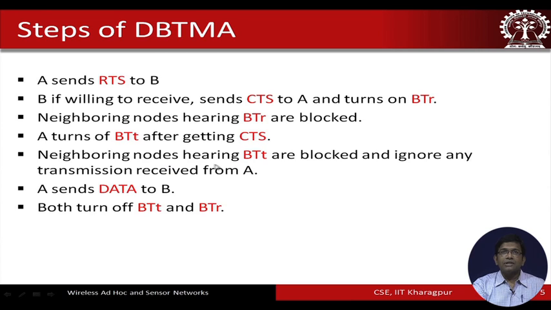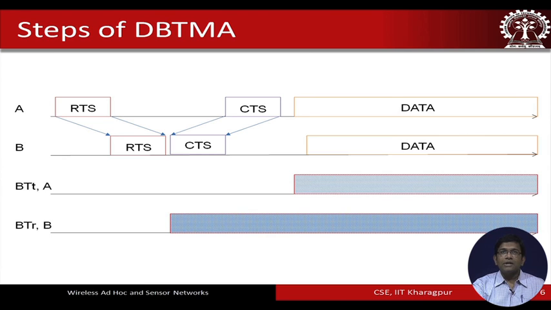The neighboring nodes hearing the BTT are blocked and they ignore any transmission received from A. A then sends the data to B, and both turn off the BTT and BTR after the data exchange is over. Let us now look at the figure once again to convince ourselves of the steps that we have just seen.